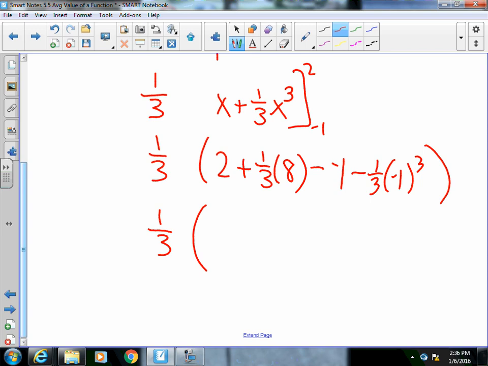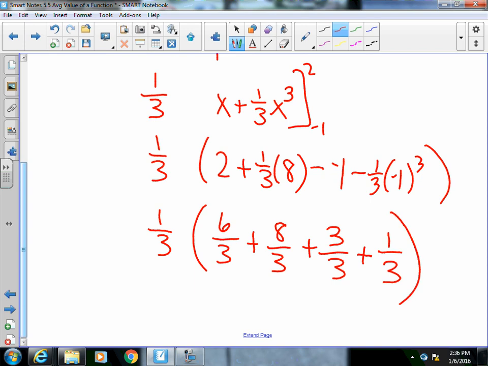I'm going to do this all in thirds, so we get 6/3 plus 8/3 plus 3/3 plus 1/3, which gives us 18/3 times 1/3, which is 18 over 9 or 2. So your average value is 2.